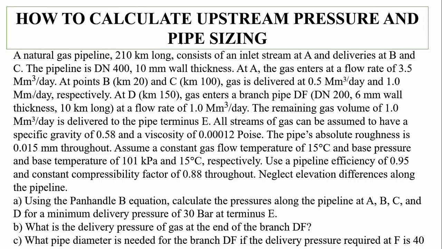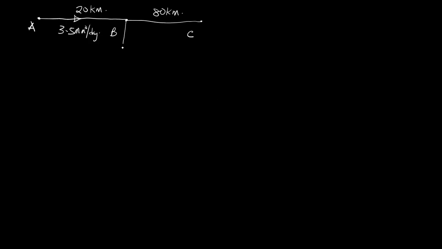Now, gas is delivered at 0.5 million cubic meter per day and 1.0 million cubic meter per day respectively. So that means gas goes out like this, delivered at B and C. At B it was delivered at 0.5 million meter cube per day.